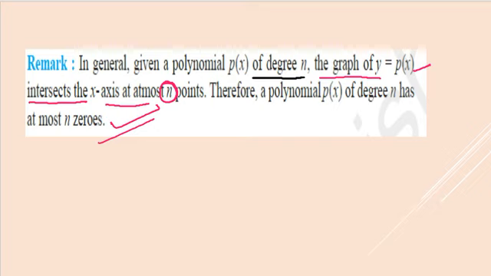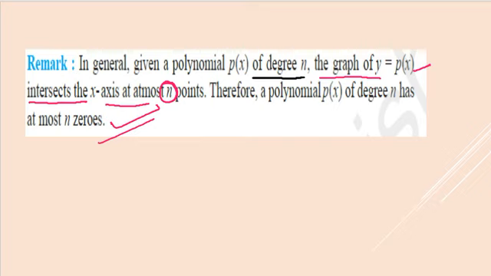I hope, my dear learners, you are understanding the things, and this session will be helpful to you and to your board examination. I assure you 1 or 2 marks will come from zeros.